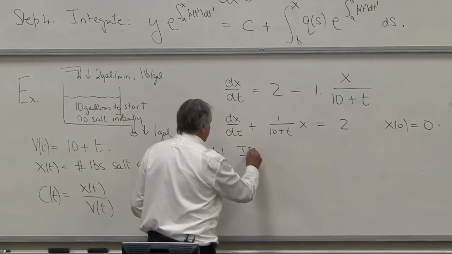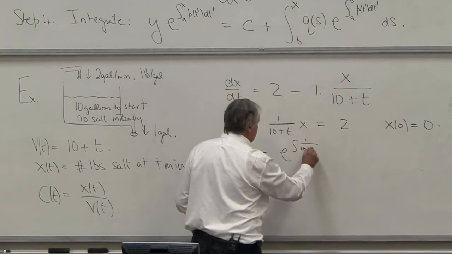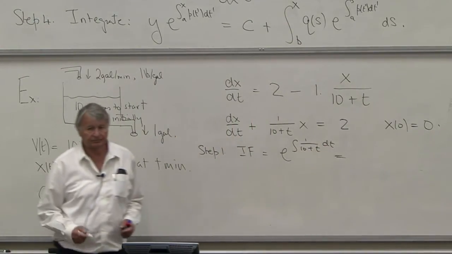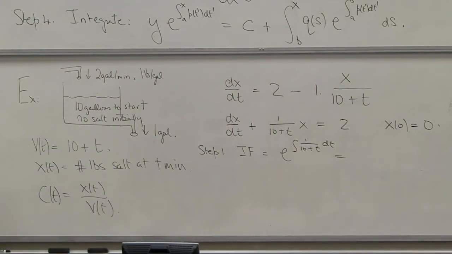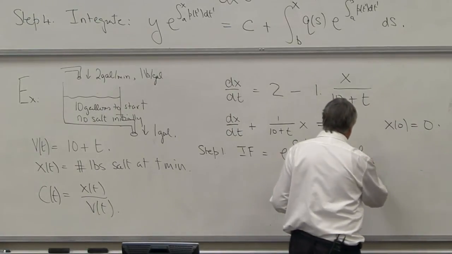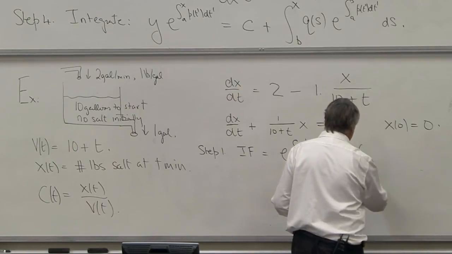The integrating factor is e to the integral of 1 over 10 plus t dt. What is that? What is the integral of dt over 10 plus t? Log 10 plus t. And because it's positive, we don't have to put in the absolute value. So it's e to the log, so it's just 10 plus t.